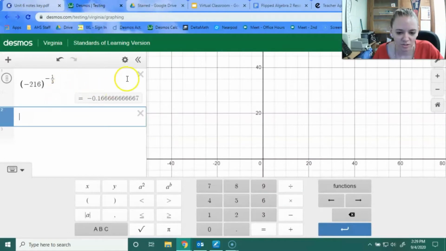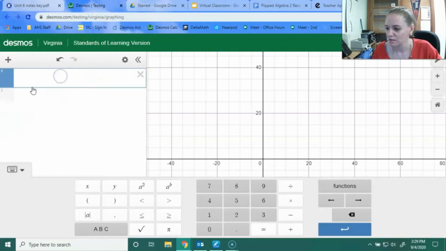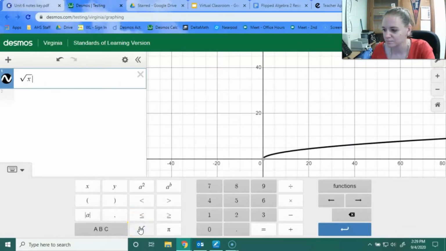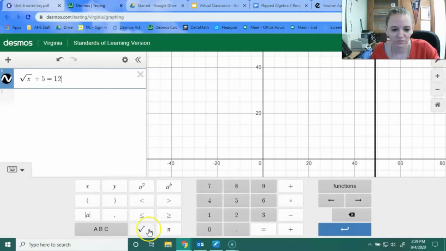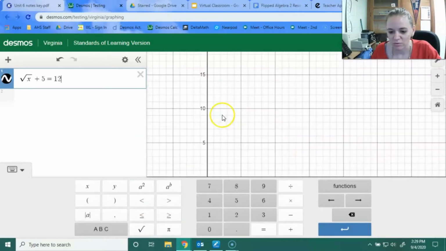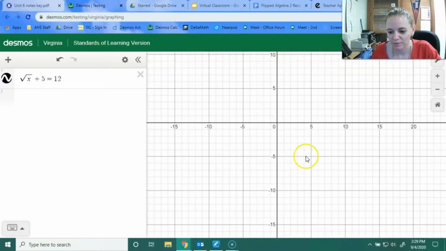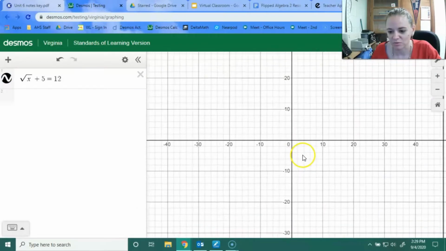All right, and then just to see what this looks like in the calculator: the square root of x plus 5 equals 12. Just type in the whole equation. If you don't see anything, like on yours, that means you have to zoom out.